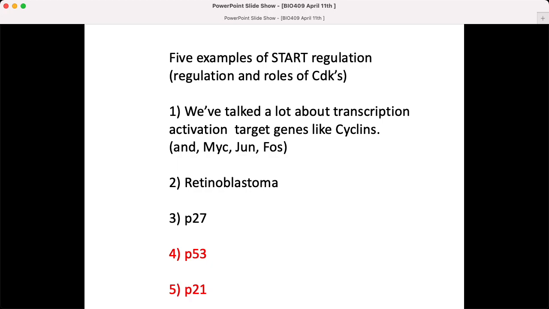What we learned is that this protein plays a function at start, and when we usually think about start, we think about the red light turning green. And p53 plays a role kind of like that school patrol who comes out in the street and says, nope, I don't care if the light is green, you're stopping. p53 gets activated at start by DNA damage, and p53 is a transcription factor.